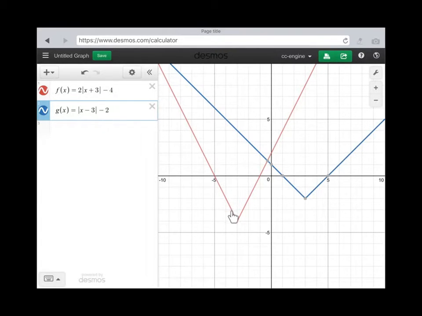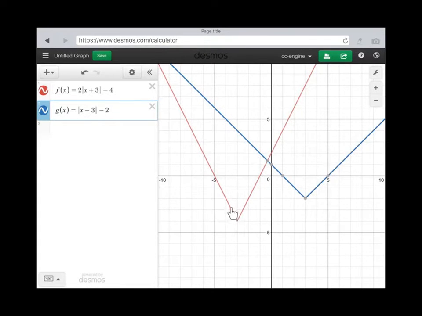So that means that my lowest value of x is going to be -3.5. Okay, so I'm going to limit my domain to be -3.5, and I want it to stop here at this point, and that's going to be 0.